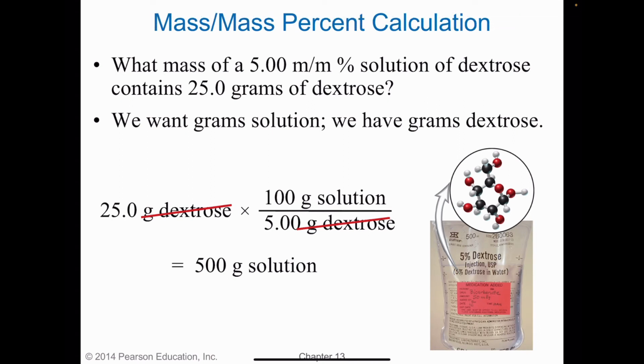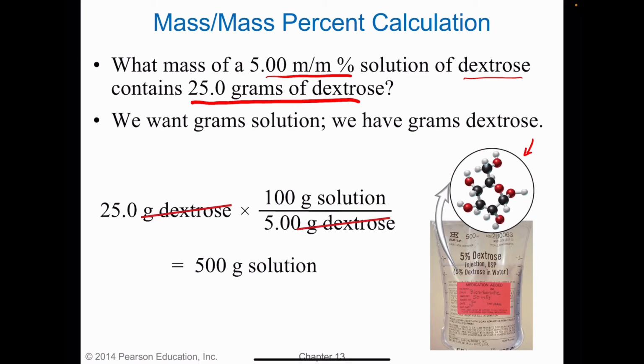There we go. What mass of 5 mass percent of dextrose... okay, so dextrose is a type of sugar. We have a little schematic here, like a ball and stick model. What mass of a 5% solution of dextrose contains 25 grams of dextrose? So pretty much, how much solution do we need if we want to deliver 25 grams of dextrose?